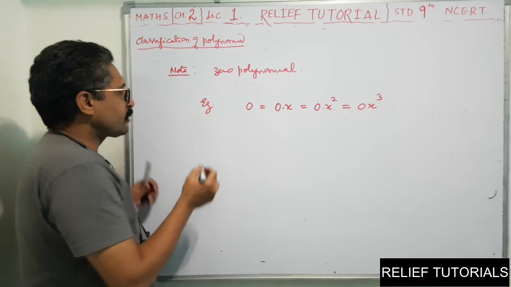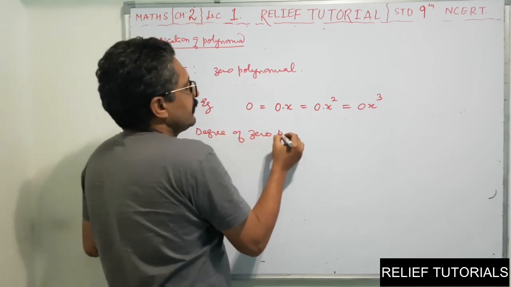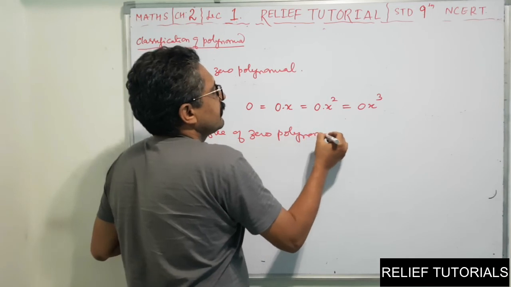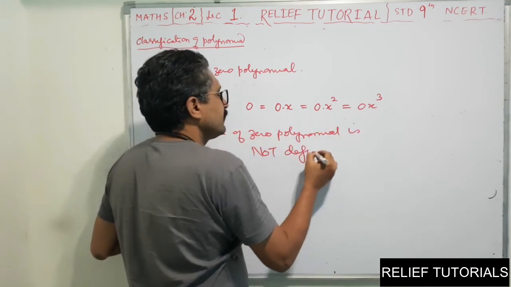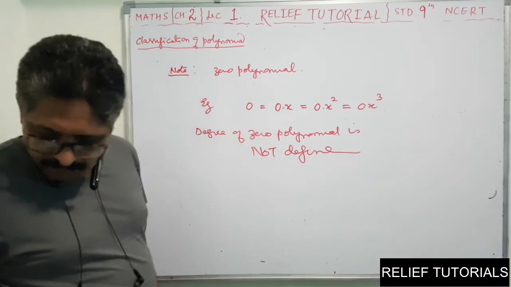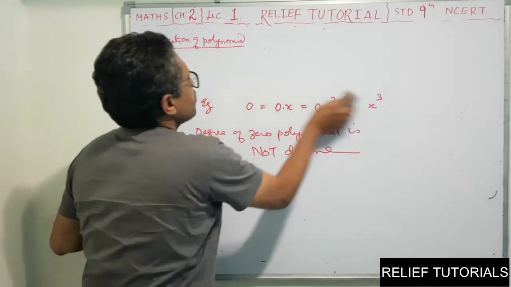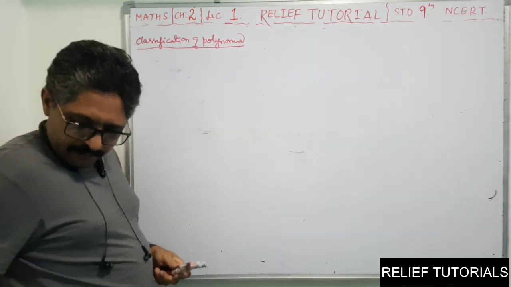An important note: the degree of the zero polynomial is not defined. Got it?